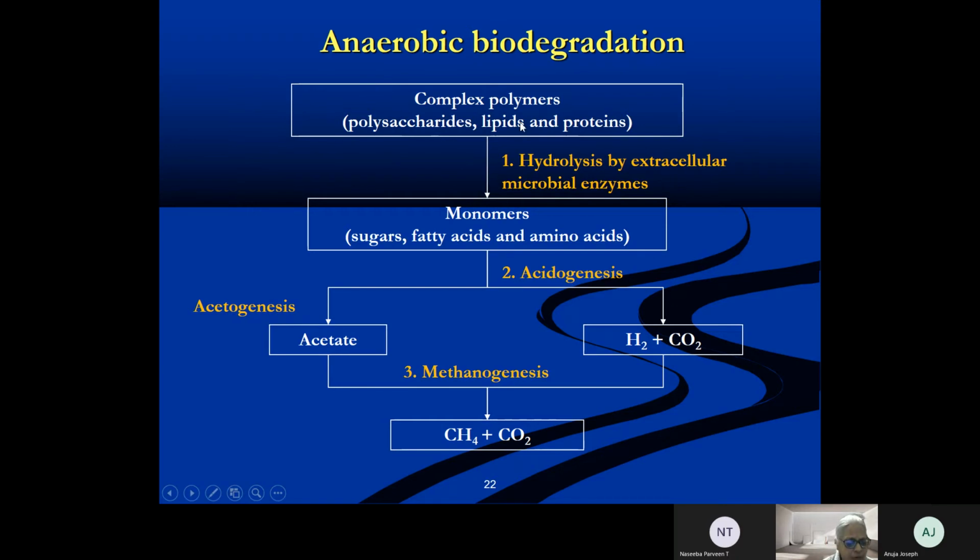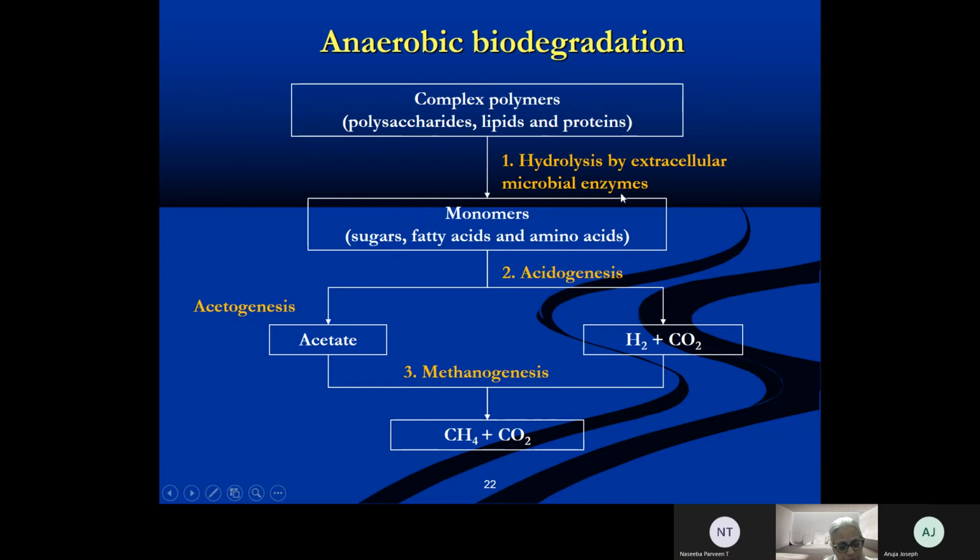The first thing that has to be done, because remember that anaerobic bacteria are going to utilize this organic matter and convert it to CO2 and methane, is that the complex polymers have to be broken down into their monomeric units, which can then be digested further by the microorganisms. So the first thing in this process is hydrolysis by extracellular microbial enzymes.